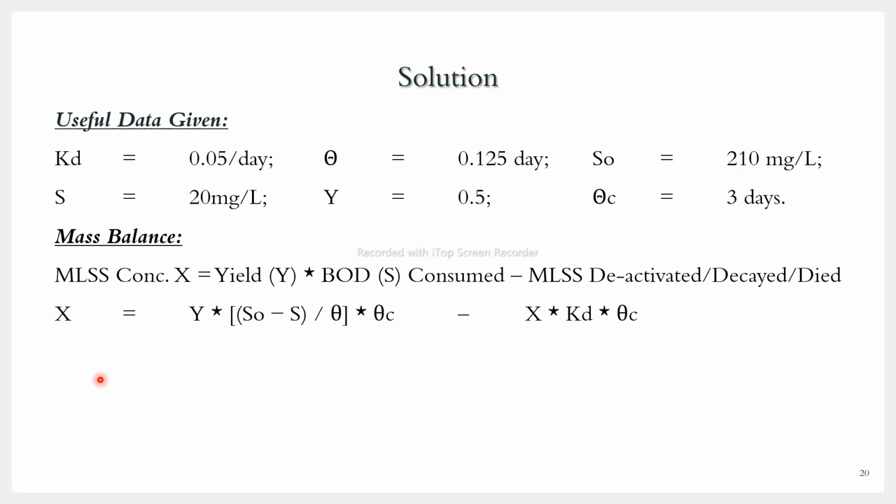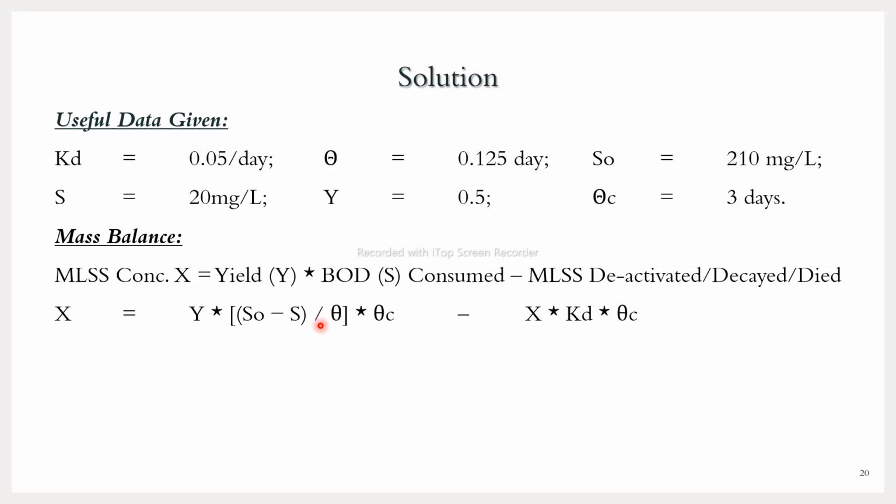So balance is something like this. The X that you will have to calculate equals the yield into the BOD consumed. First, BOD consumed is S0 minus S divided by theta.